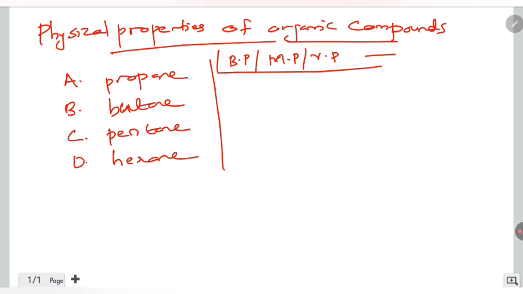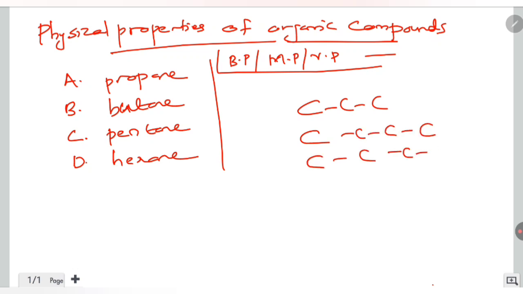When you look at A, B, C, D, all of them are alkanes. So all of them are alkanes means their homologous series is the same. So that is the controlled variable, right? But when you look at their differences, propane has how many carbon atoms? 3 carbon atoms, right? Butane has 4. Pentane has 5. Hexane has 6.